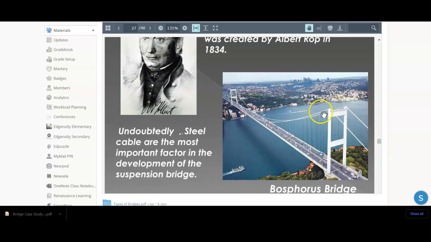And what you see here is the main cable. Let me see if I can highlight that a little bit. So right here you see the main cable, and they go across like that. And then you see the suspension cables all coming down off of the main cable, like so.